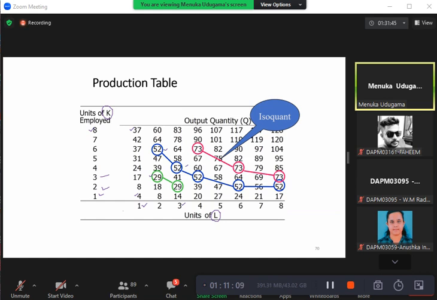you can see that I've drawn a line connecting, and that particular curve is called an isoquant. Iso means same. Quant means quantity, right? Isoquant is same quantity curve, right?